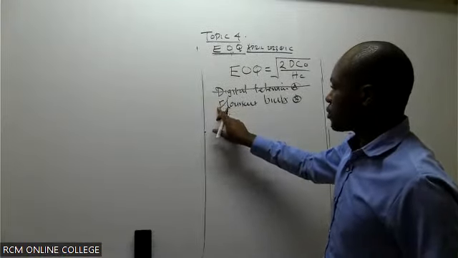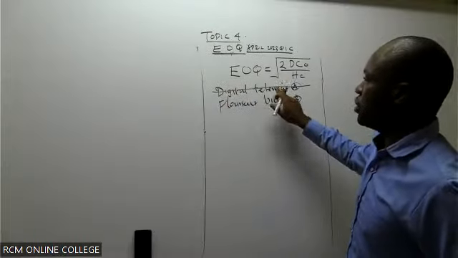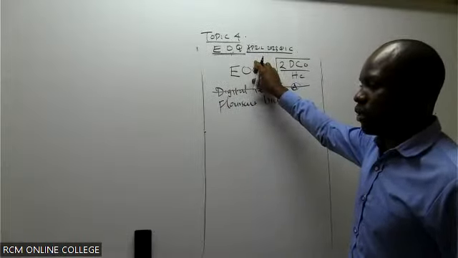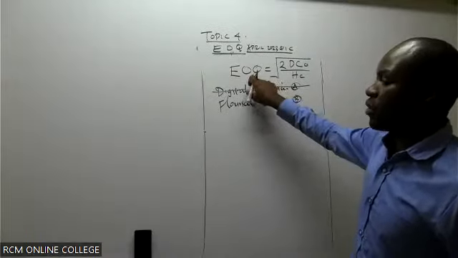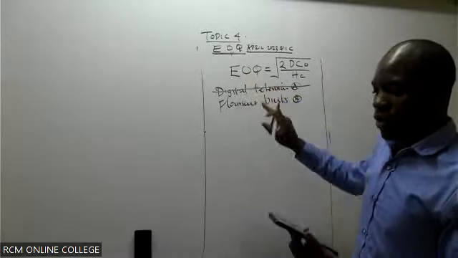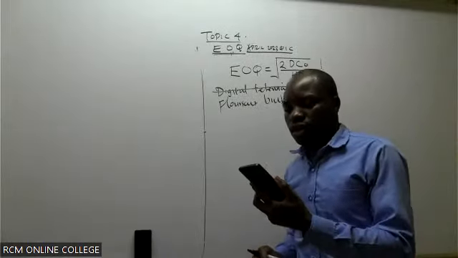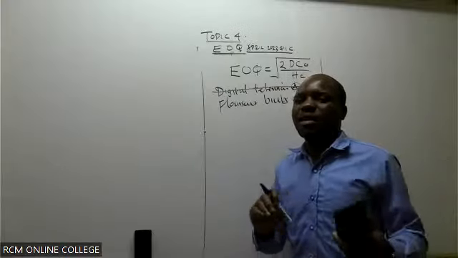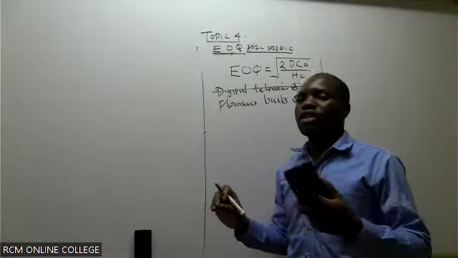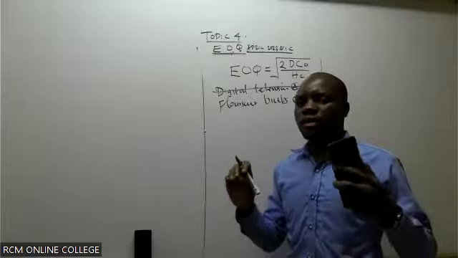Some people used digital television to come up with economic order quantity. Others used fluorescent bulbs. Look at what they want you to do: determine the economic order quantity of bulbs. It is the bulbs that they are going to order, not the television. Television is their product.